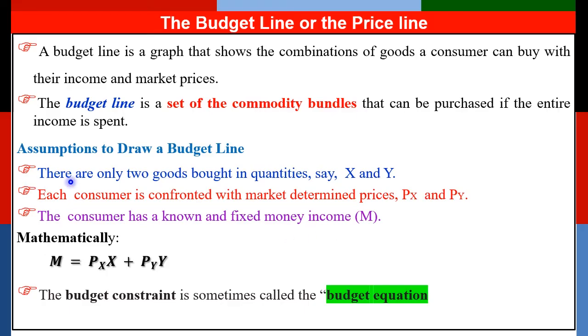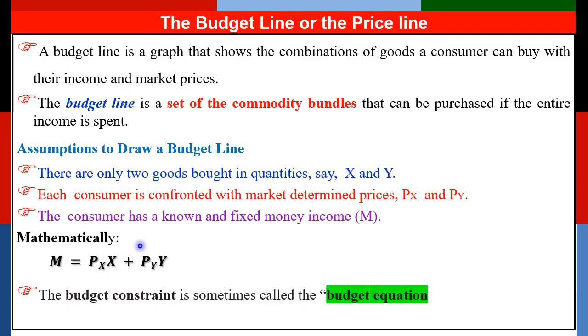This is the assumption. We have the two products. The consumer has constraints, the price constraint here, and again the income.